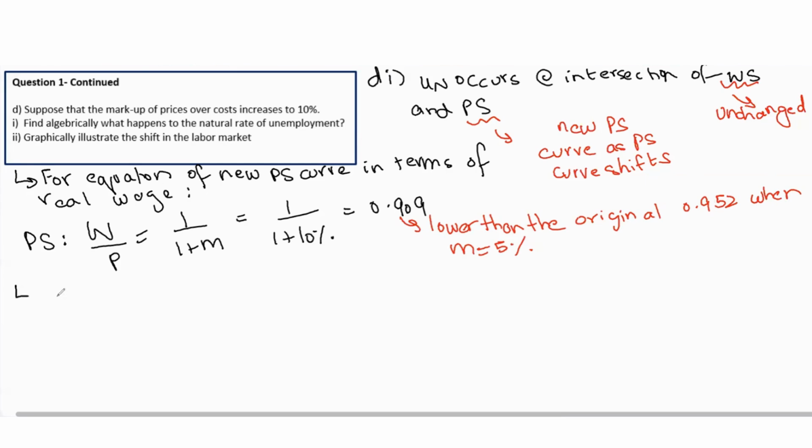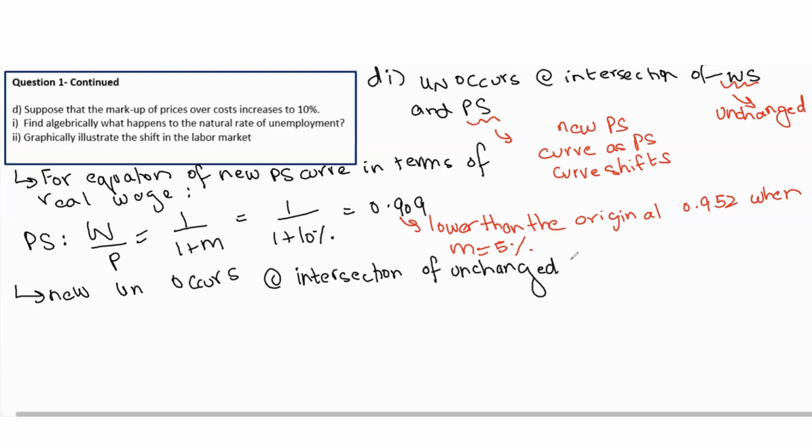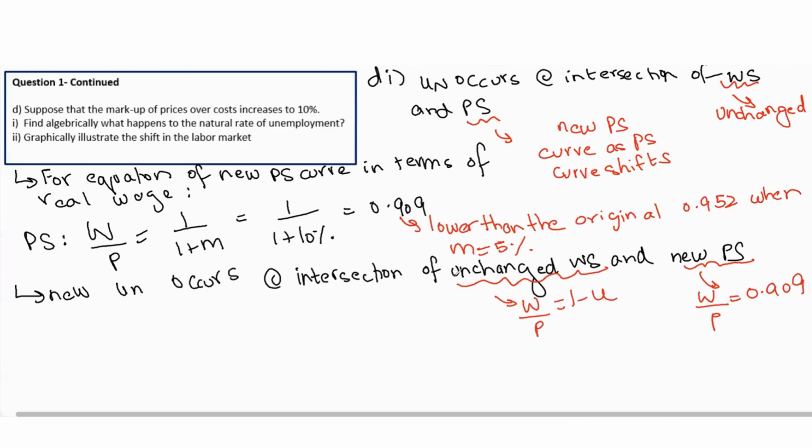So the new natural rate of unemployment occurs at the intersection of the unchanged WS curve, because the markup does not affect that, and the new PS. From part 1, the unchanged wage setting curve is W by P is equal to 1 minus U, where U is the unemployment rate. And the new PS is W by P equal to 0.909.